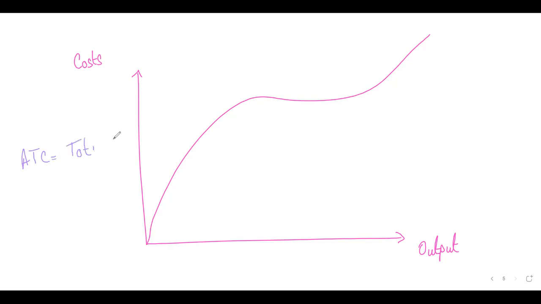It shows you the cost of producing a typical unit of the good. And then you have marginal cost, which is the additional cost of producing one more unit of the good.